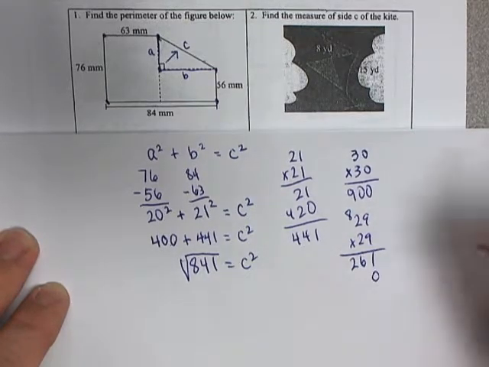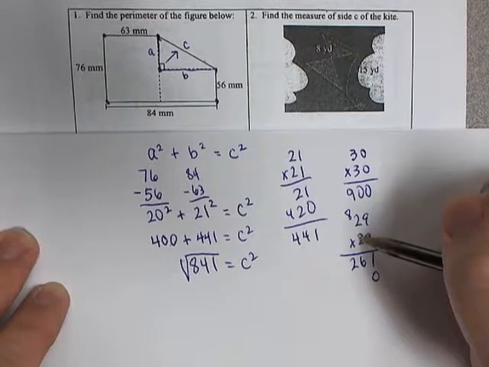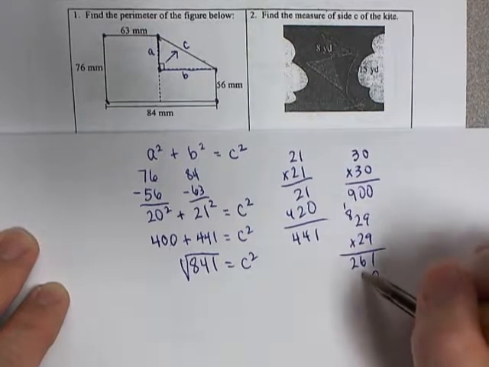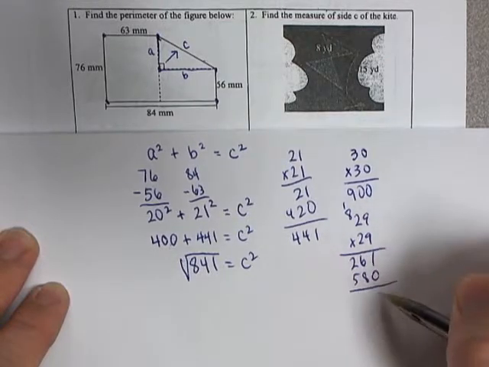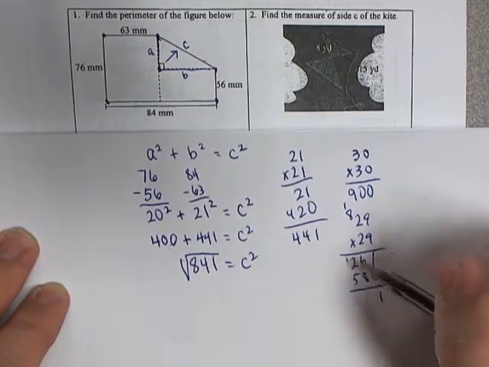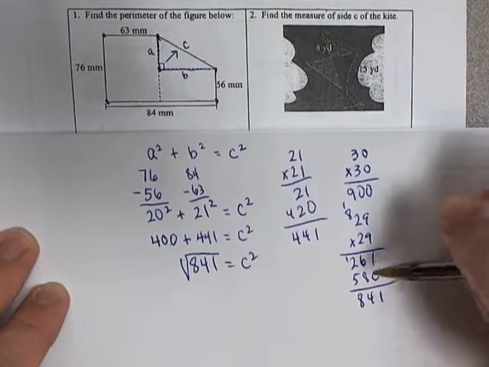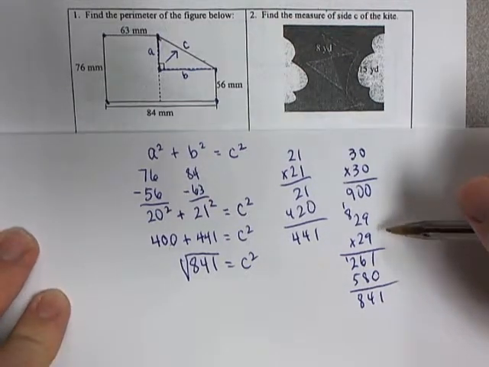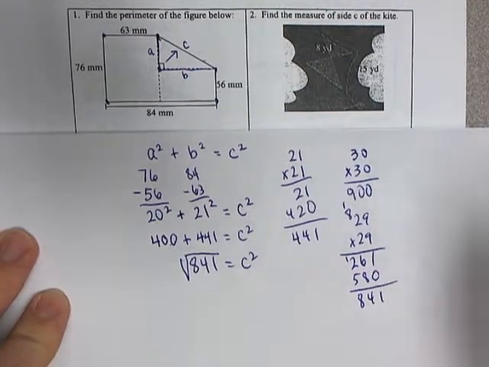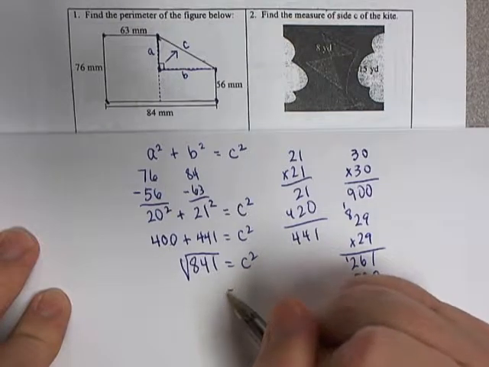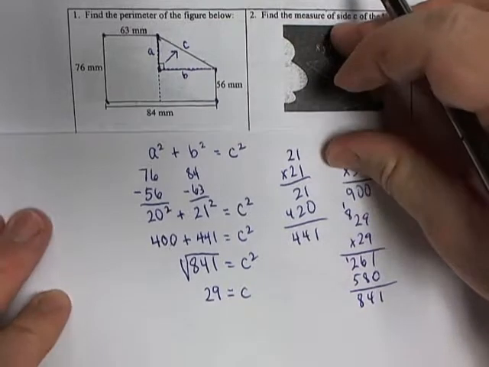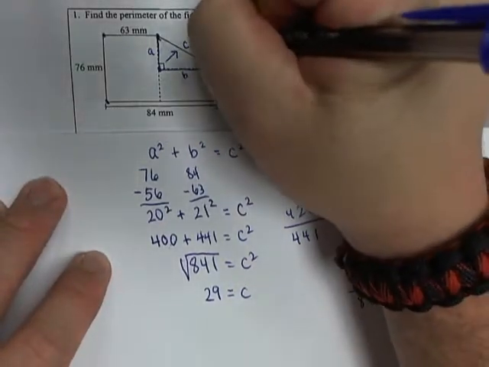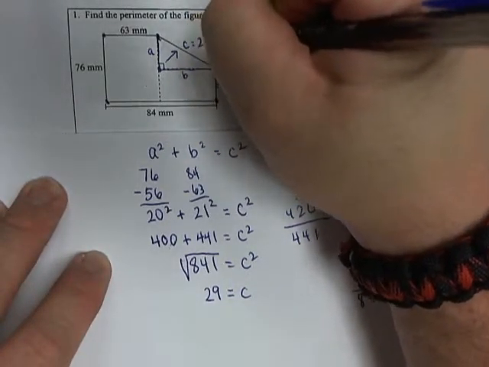Add your placeholder 0 before you multiply by 2. 2 times 9 is 18. 2 times 2 is 4, plus the one that we carried gives us 5. Okay, so 29 times 29 equals exactly 841. So the square root of 841 is 29. So therefore, C equals 29.